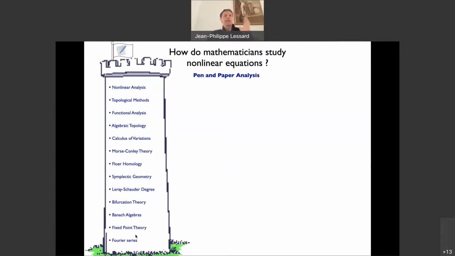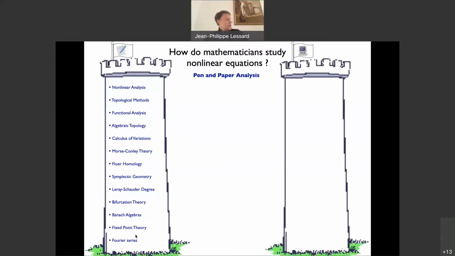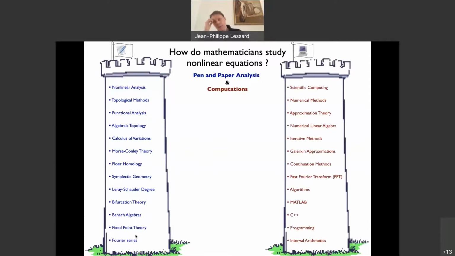I would say that would be like the pen and paper analysis tower. And on the right, you have the tower of computers, or the computational world, which since the advent of the digital computer, has exploded, right? So you name it, there are so many beautiful tools from the world of computations that have been used to understand solutions of nonlinear equations.